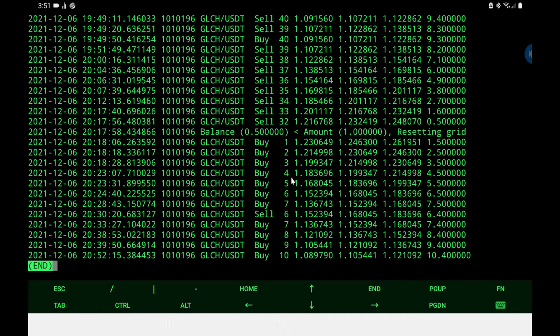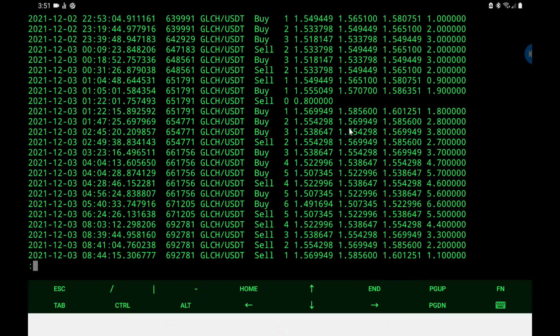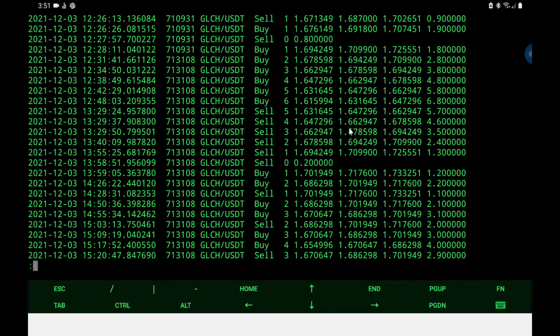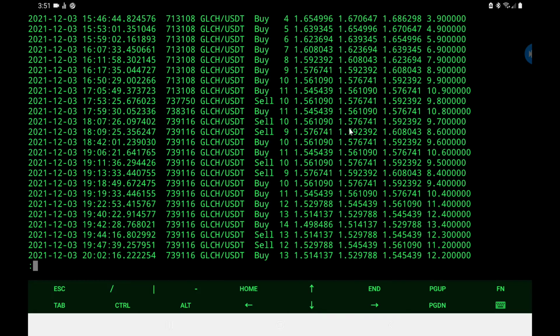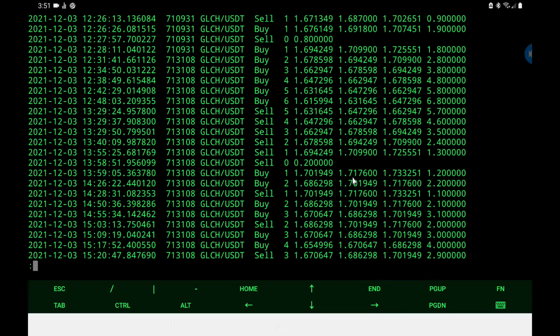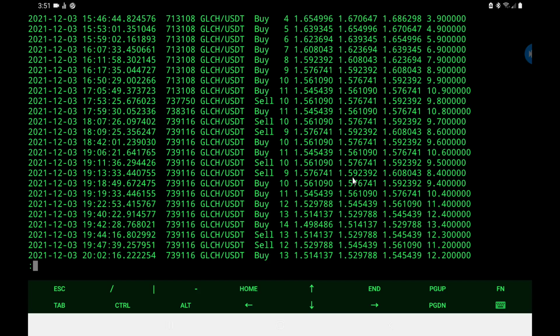So let's go back up to the top. Right here, the value of glitch was 1.232 at the burn off point. Let's see if we can find the beginning of this run. 1.7. Let's make sure this is the beginning.